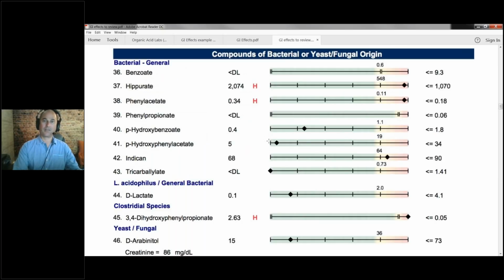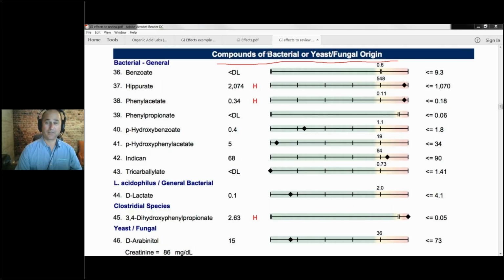So, okay, one other little factoid. This is not the best example, but I'm just going to draw it on here so you can see it. This is a relationship between benzoate and hippurate. So you can clearly see where we are in the test. It says compounds of bacterial or yeast fungal origin. Does it say compounds of bad bacteria?